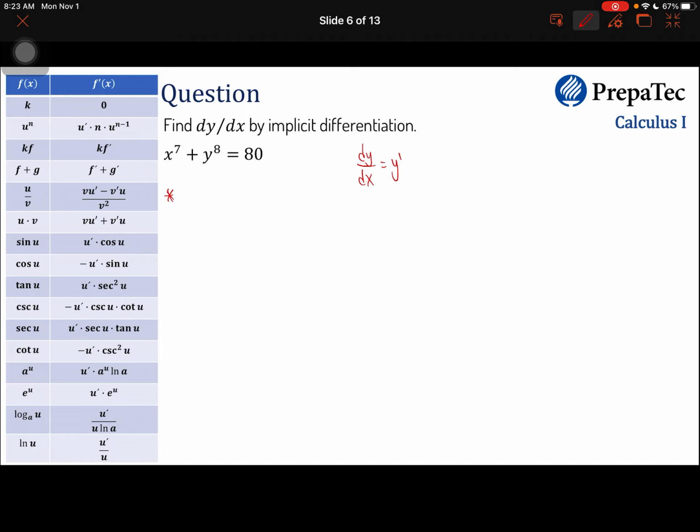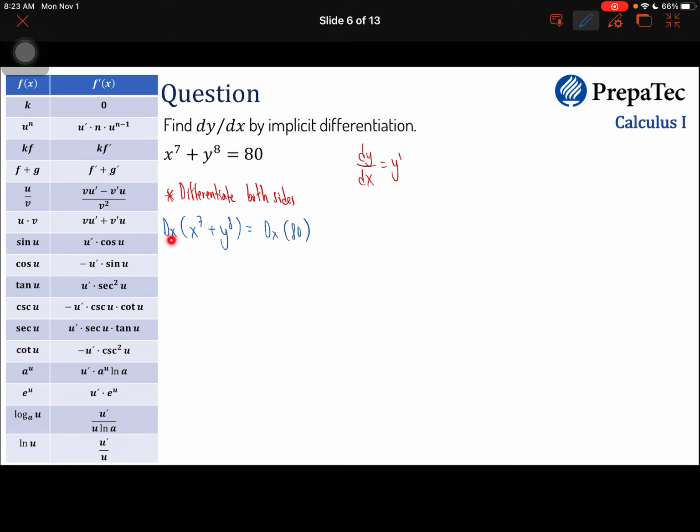So in step number 1, I'm going to differentiate both sides, and that is going to give me the differentiation of x to the 7 plus y to the 8 equals the differentiation of 80.